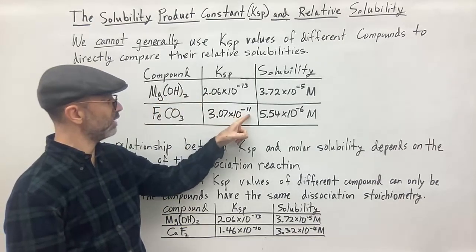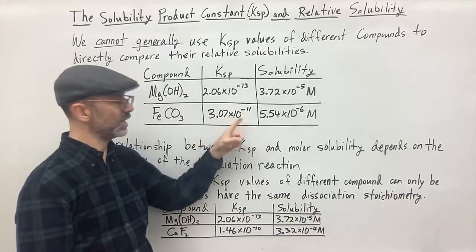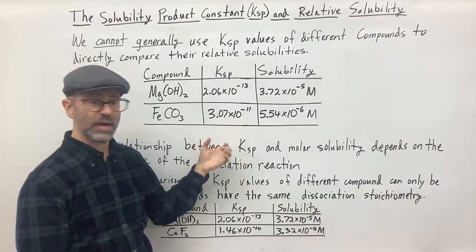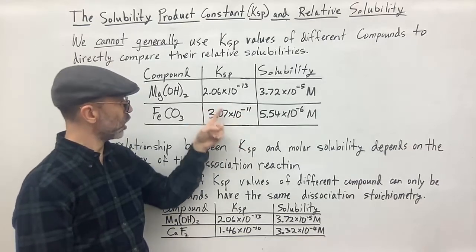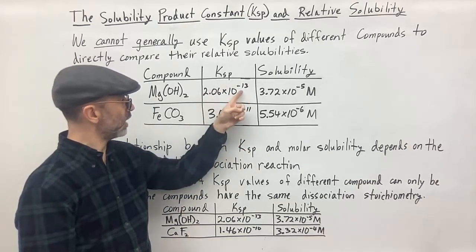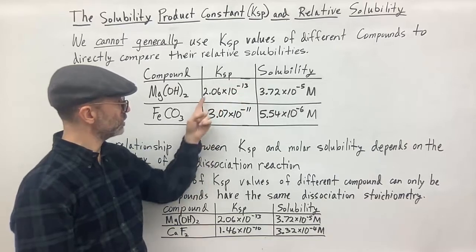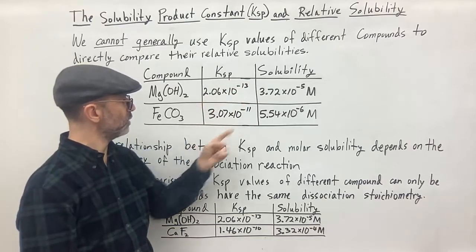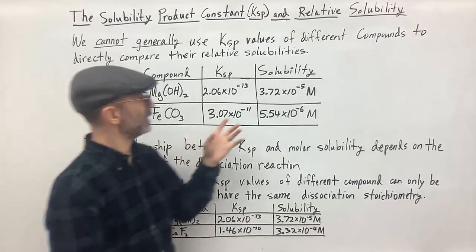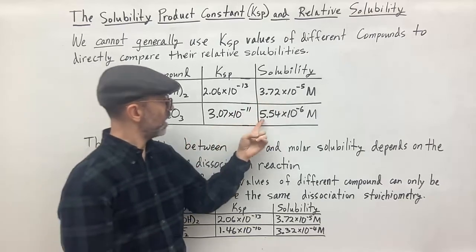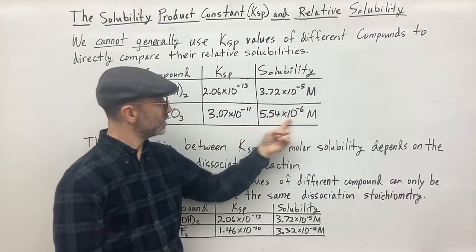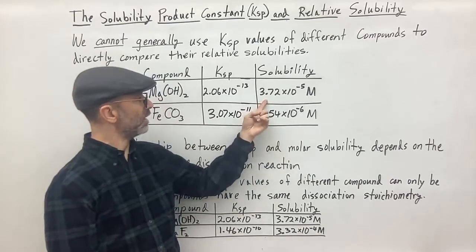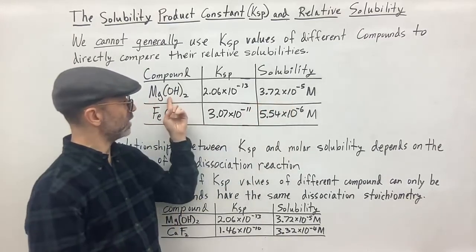So this negative 11, remember that negative 11 means you have a larger value. So if this is less negative, then this value is larger than this value because that is more negative. So this is a smaller number than this one. However, if you look at the solubility, the solubility of iron 2 carbonate is smaller than that of the solubility of magnesium hydroxide.